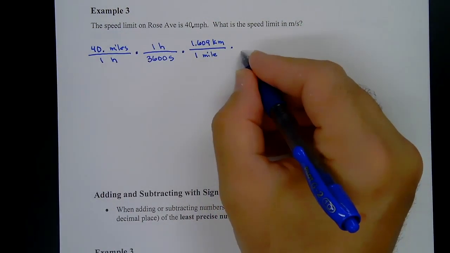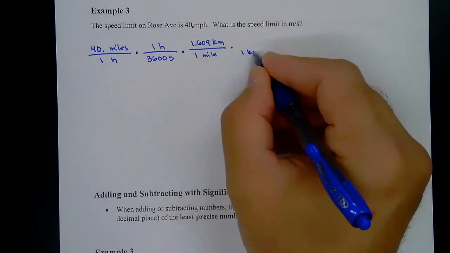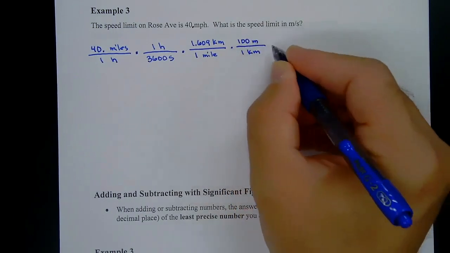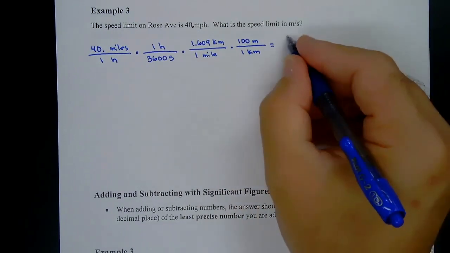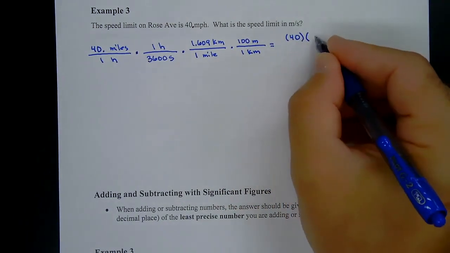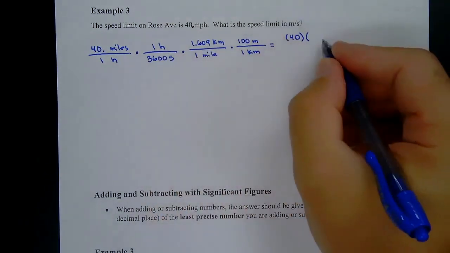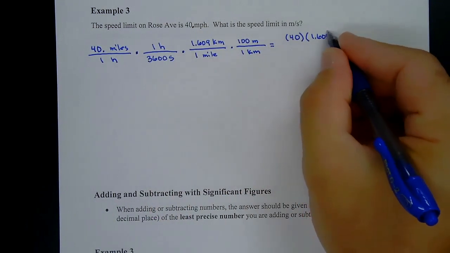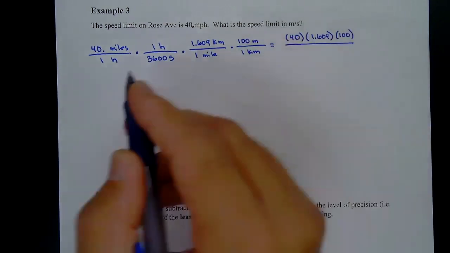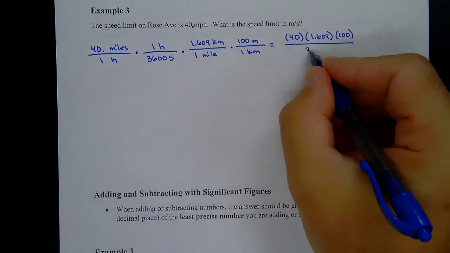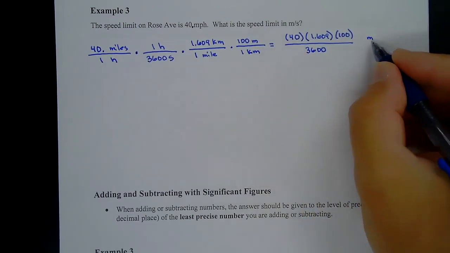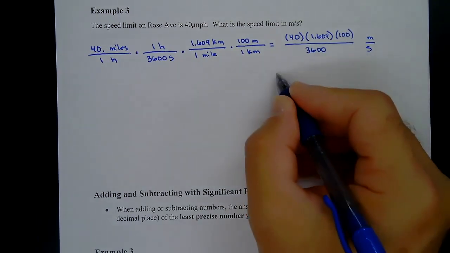And now I know that I have 1 kilometer is equivalent to 1000 meters. Okay, so this would be 40 times, I don't need the one, so 1.609 times 1000 over, and I would just put 3,600 because I don't need the ones. And that would be meters over seconds.